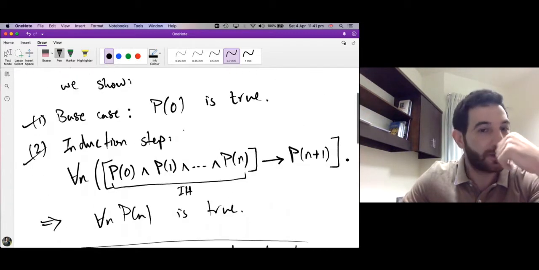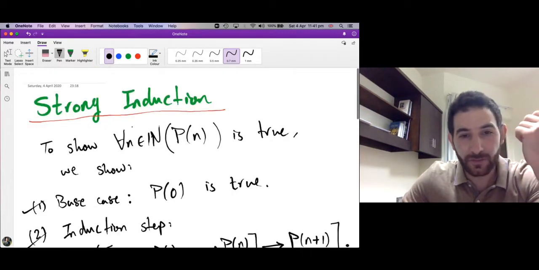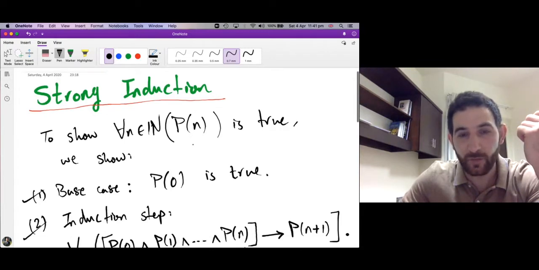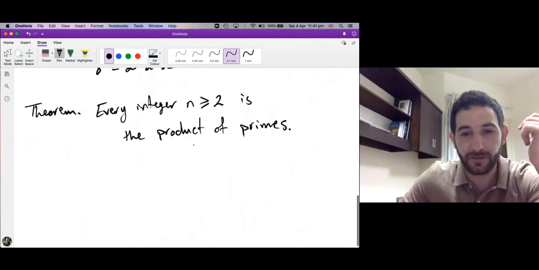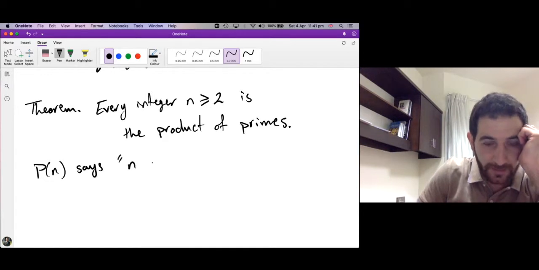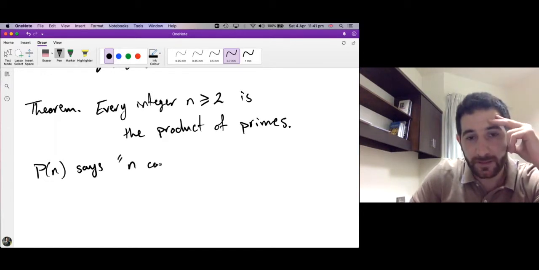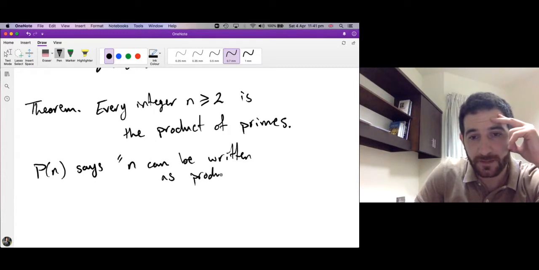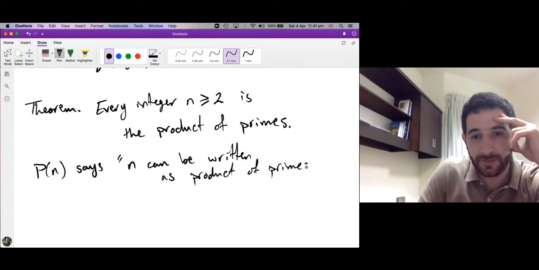So again, to prove by induction, we need to see what is P of n, what is the property of n that we want to prove. So here, P of n, the property about the natural number, says that n can be written as a product of prime numbers.